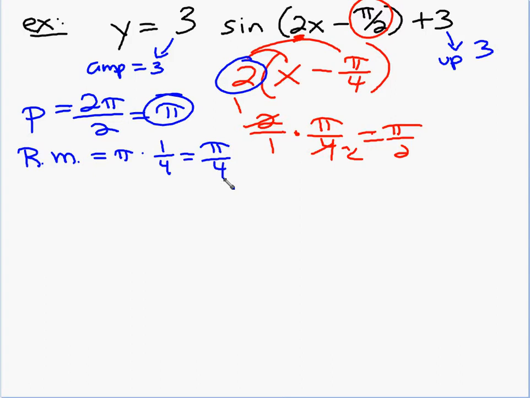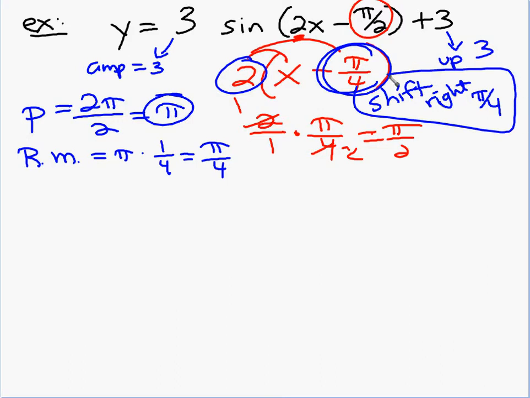By the way, what is the shift right or left? The shift is this form right here after you factored it out. So this is going to be a shift right pi fourths.